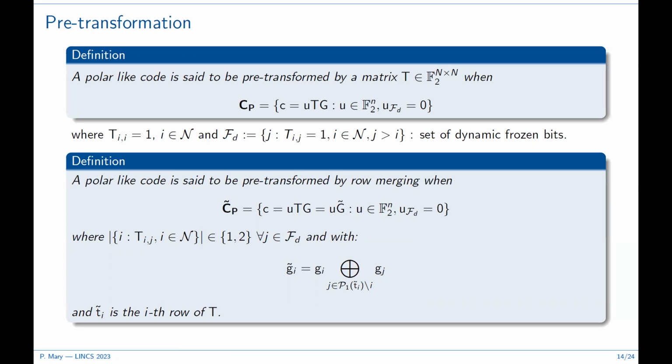So with a matrix T, we have the polarization matrix G, which is a classical construct with the classical Arikan kernel, and the precoding matrix T. In our case, we construct the matrix T such that the number of ones in particular columns is at most equal to 2. And this corresponds to those columns belonging to the frozen set. So in that case, we call it the row merging technique.